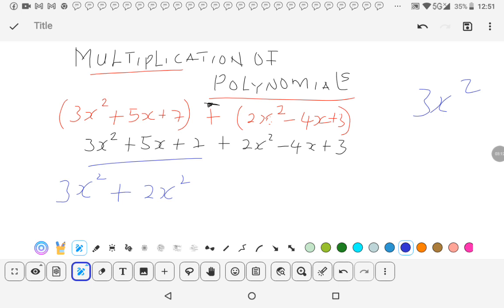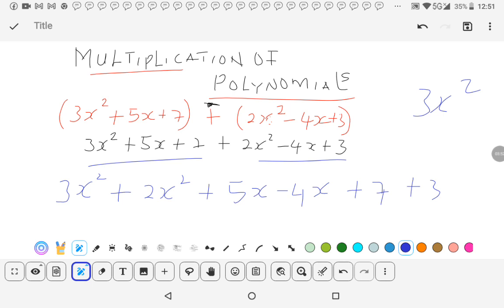So the next one, we have 5x minus, the other one is 4x. So that's how you go, you follow them in a particular order. The next one, we have the constant, because they don't have a variable, so they are just constants. We have plus 7 and plus 3, you can see. So this is how you simplify a polynomial expression, by adding them according to their powers.